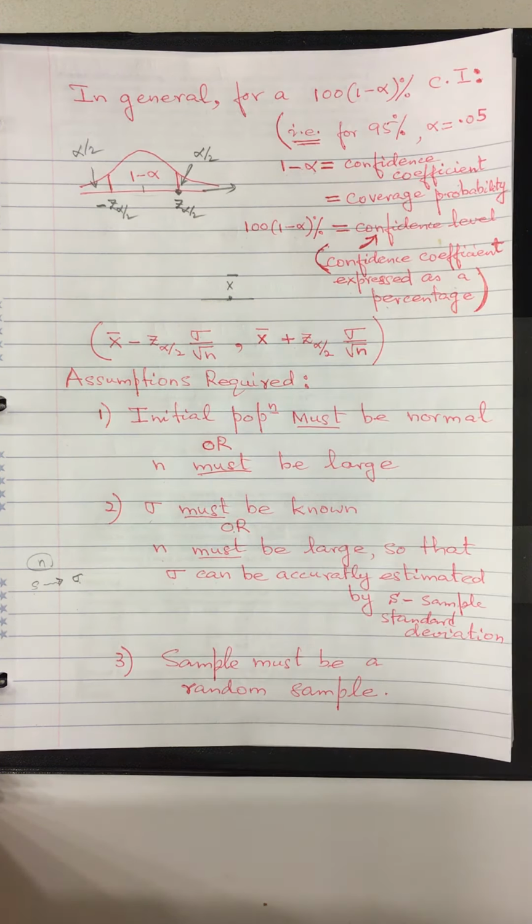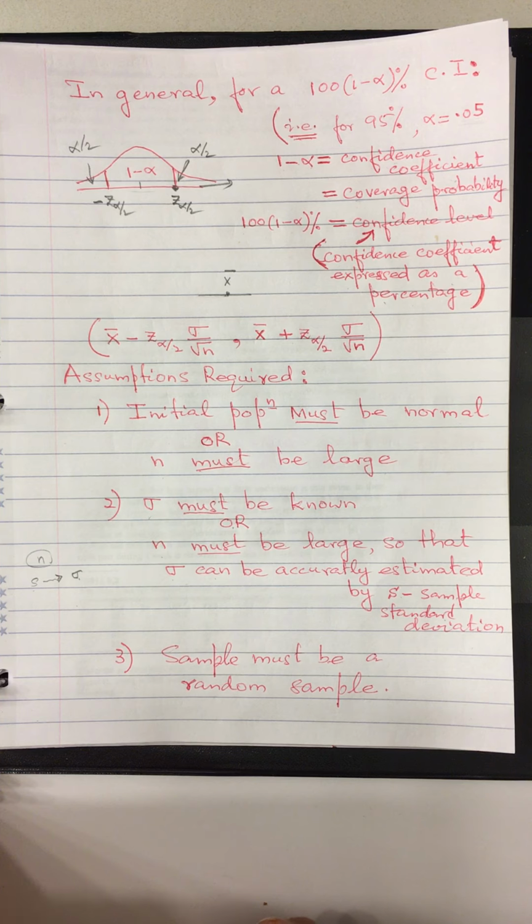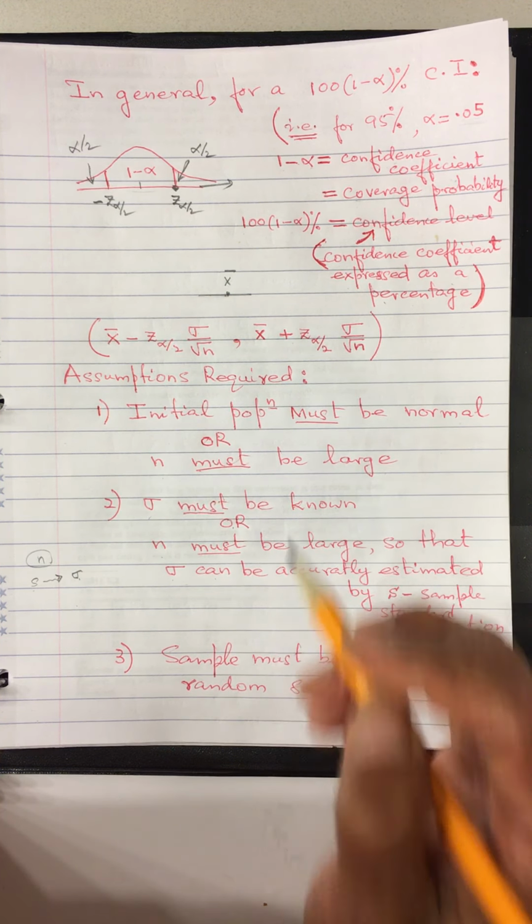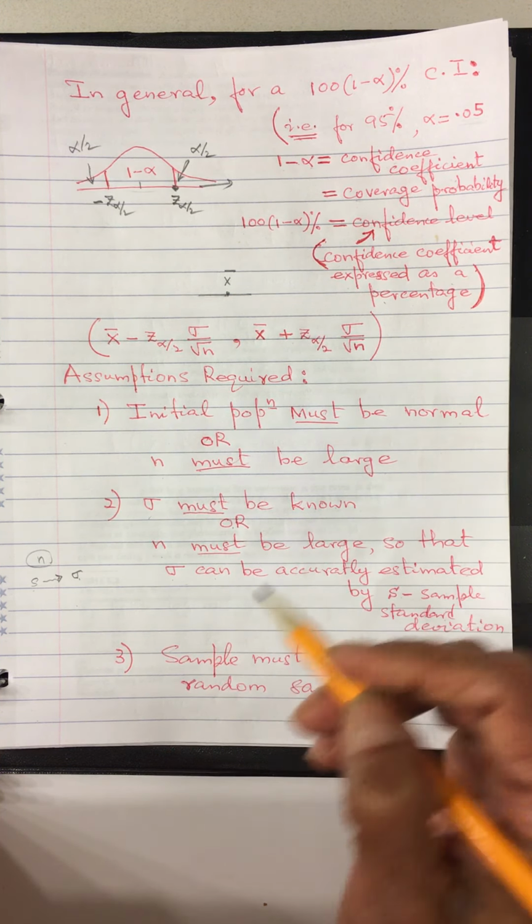But here I need to point out one thing. Regardless of this, you can always get an answer, because even if these assumptions are not correct, if you use the formula, you are going to get an answer, but you are going to get garbage basically. Okay, you cannot rely on your answer. The answer could be anything. Because of that, you always need to check whether these assumptions are correct.